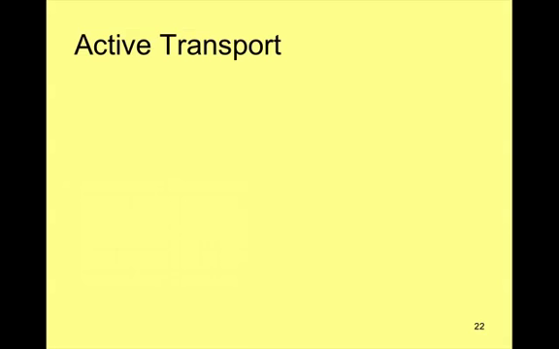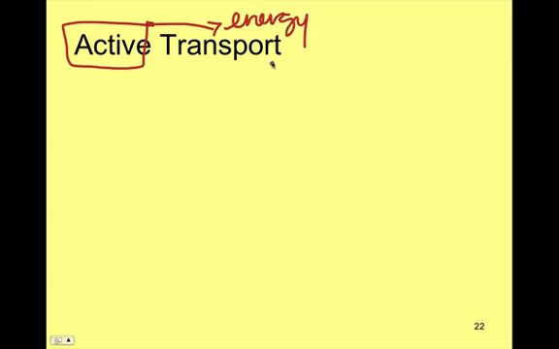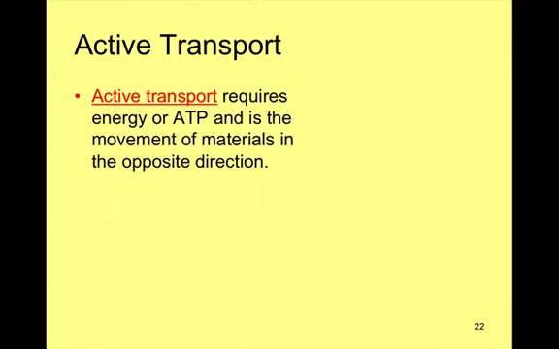Active transport, on the other hand, and the word active should ring a bell. Active requires energy. So in active transport, energy is needed to move particles. Active transport requires energy, or ATP, and is movement of materials in the opposite direction.